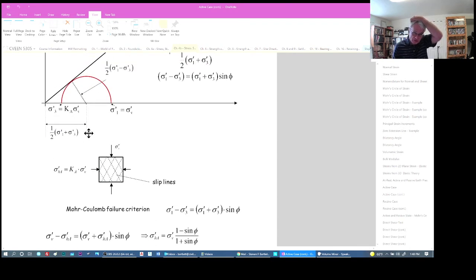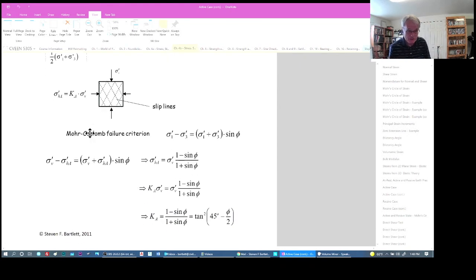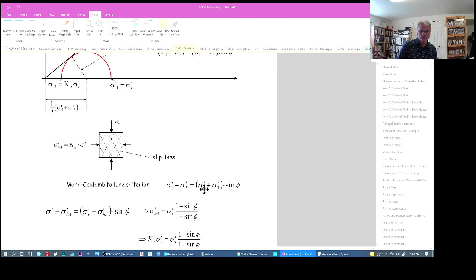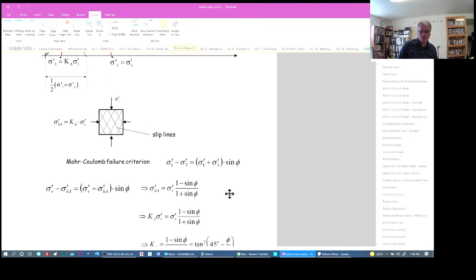Okay, we can use these geometries simply to write the differences in the stress. This is the difference between the major and minor principal stress, or the diameter of this circle at failure, and we can write it in terms of this.